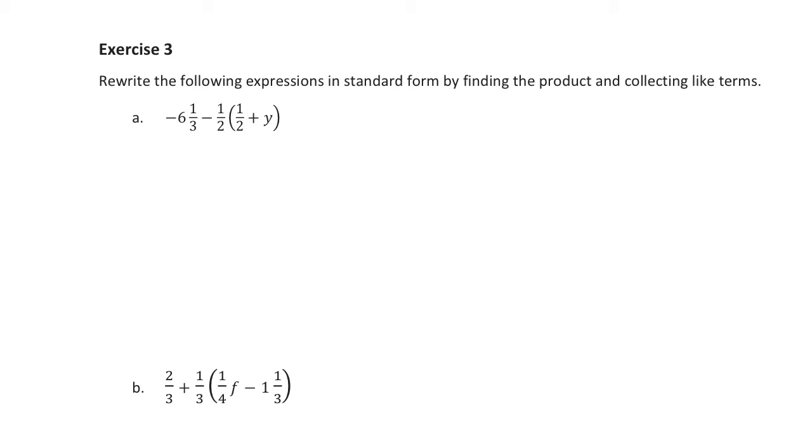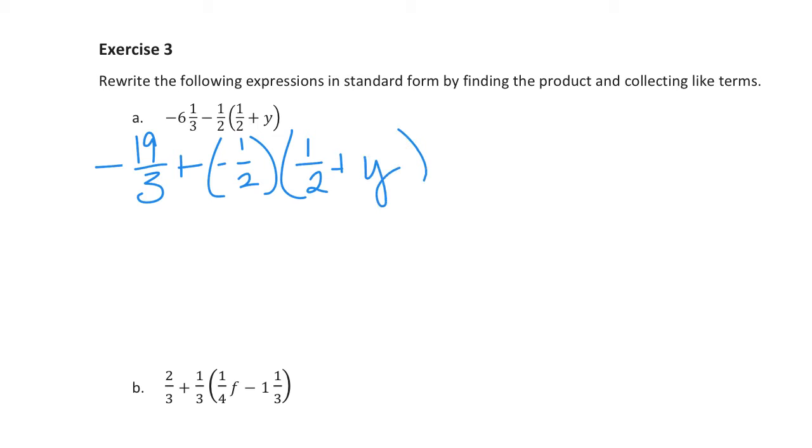Hi, so again, starting with this, the first thing I'm going to do is change my subtraction to addition. Actually, when I write them, I'm going to go ahead and put them in simplest form as well, just to save that extra step later. So 19/3 plus a negative 1/2 times 1/2 plus y.